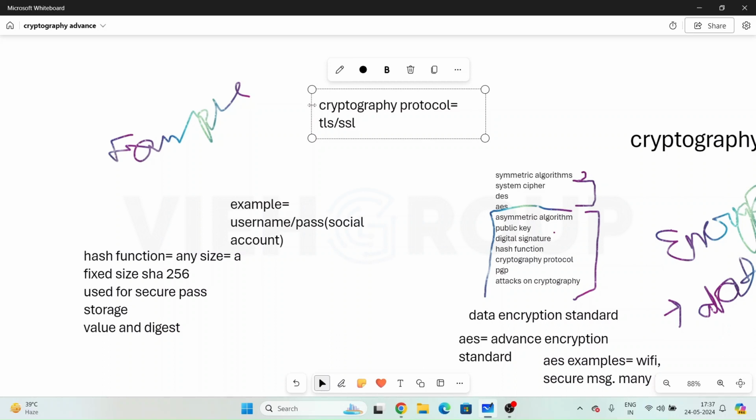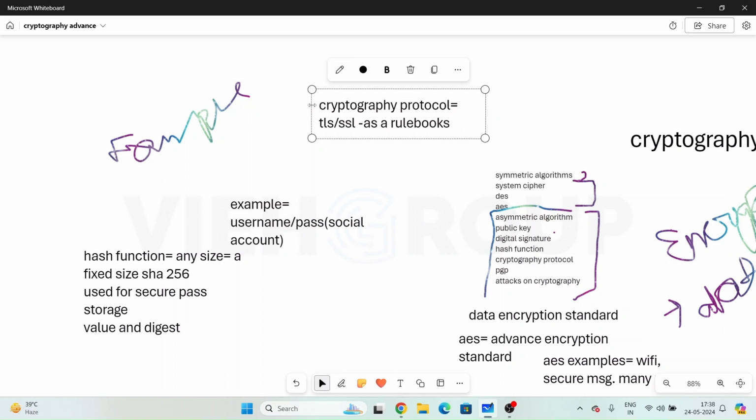Think of these two as rule books for how to use cryptography in the real world.